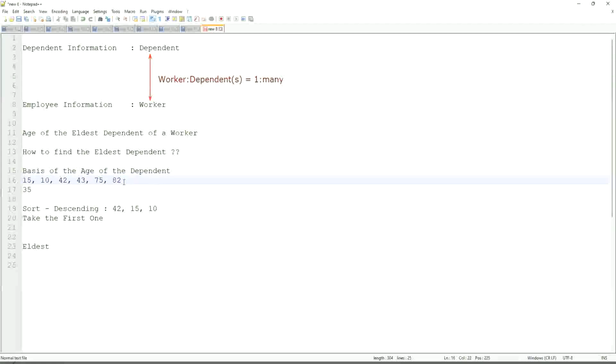So the first thing that we are going to do is find out the eldest dependent. So we will sort the dependents based on the age. And then we will see what is the criteria on basis of which we are choosing. But first thing is you realize that we are going to store the new calculated field in which business object, worker or dependent?